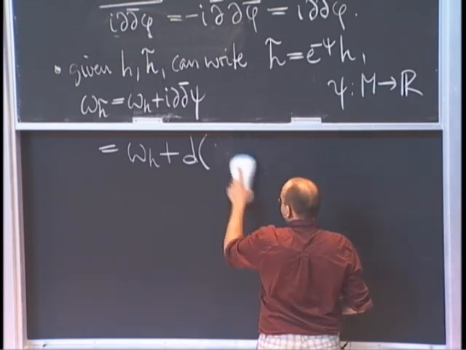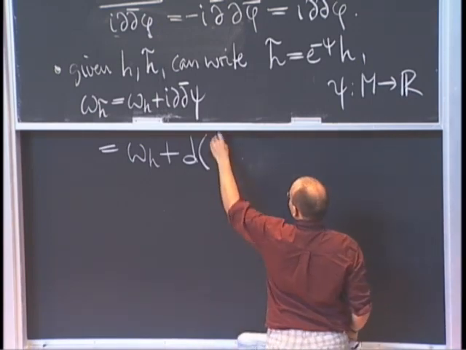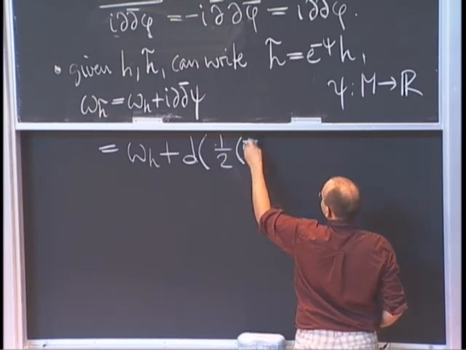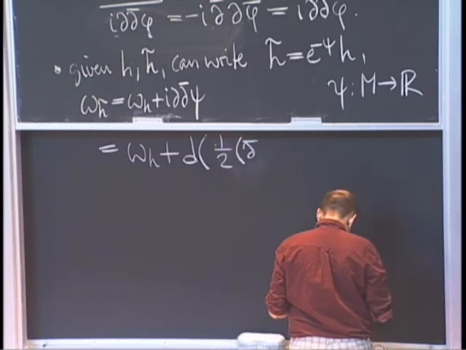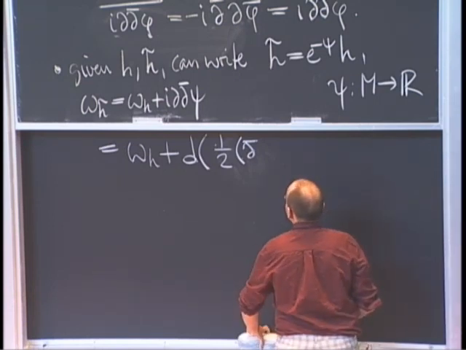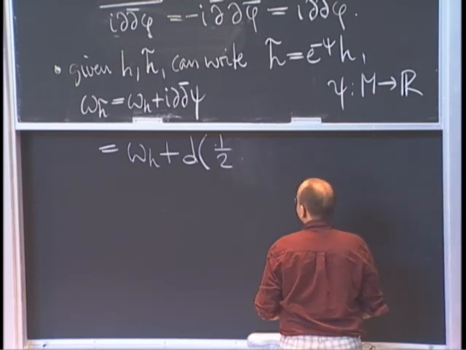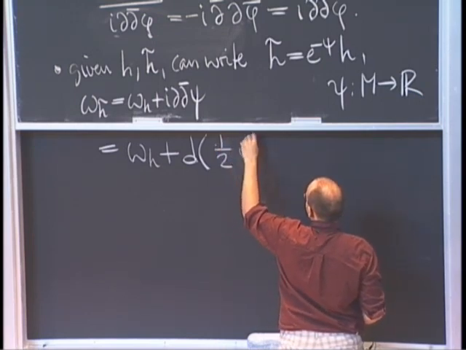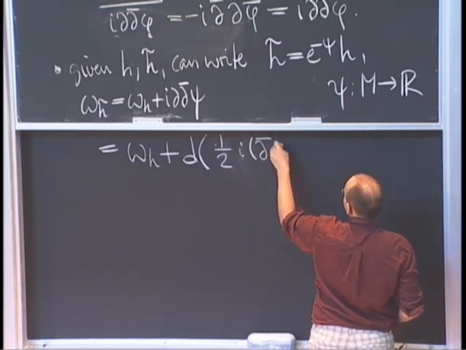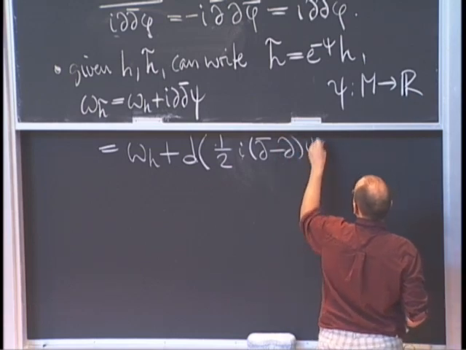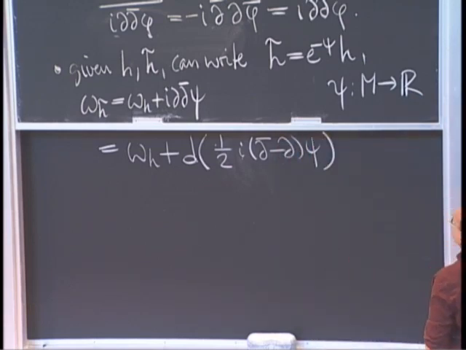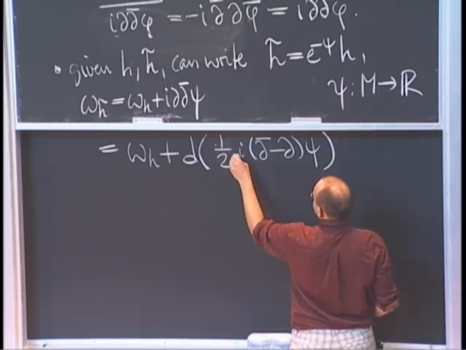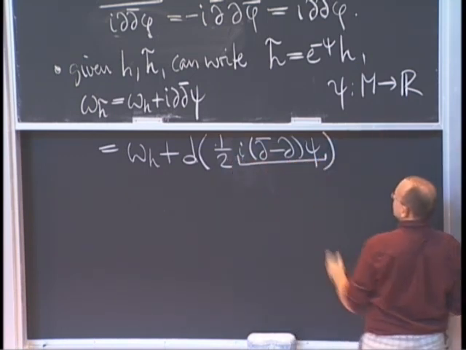So what you really want is 1/2 of d bar, I times, and then this guy here is actually real.